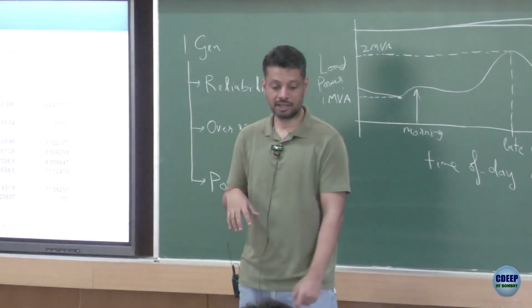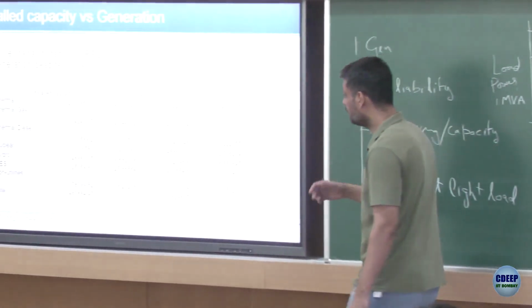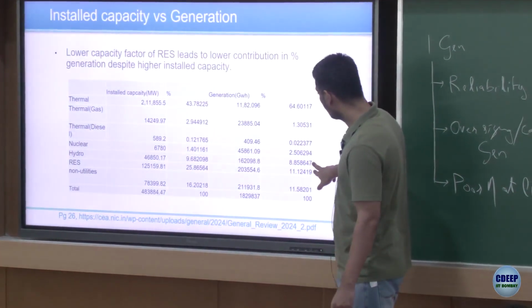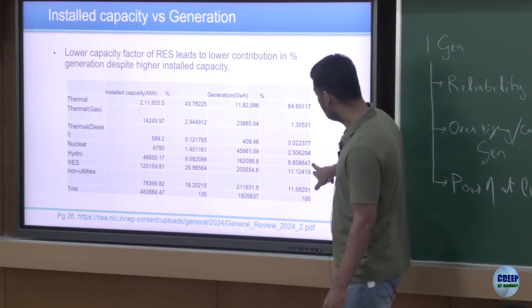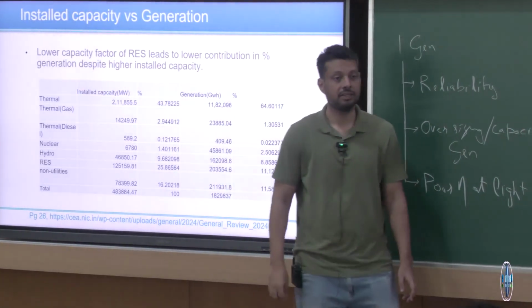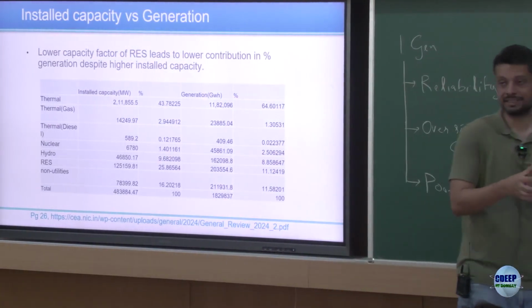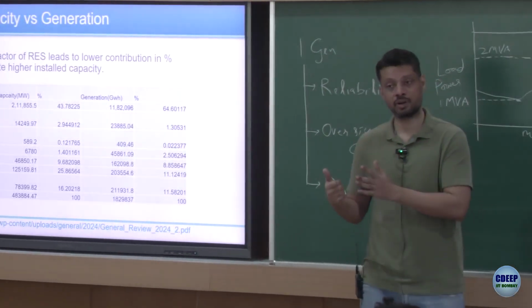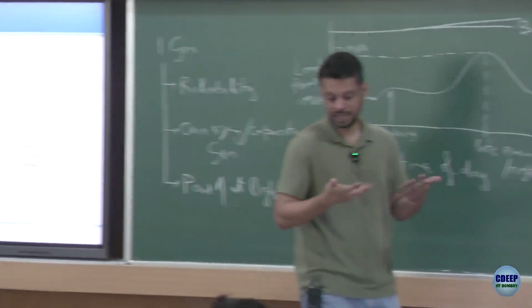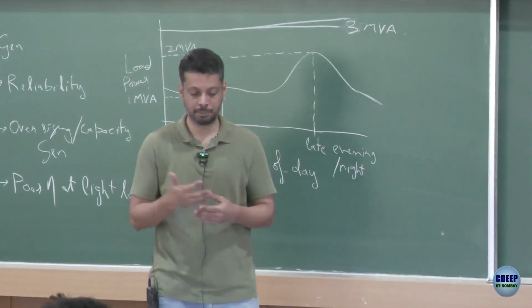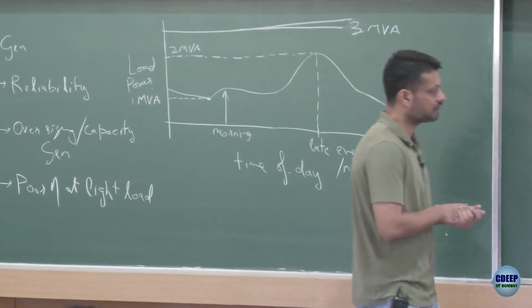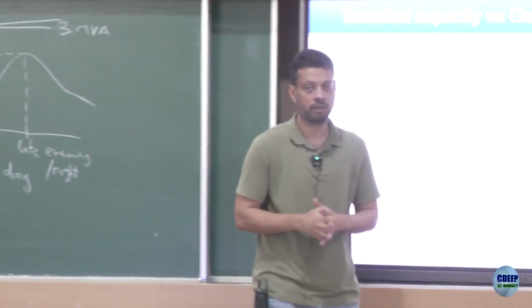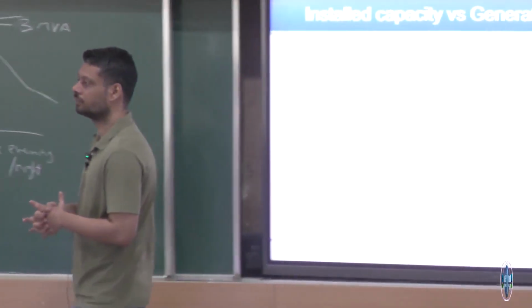Renewable, if you combine hydro and renewable, produces about 20% of the energy that we consume. So even though the installed capacity percentage appears to be much better, in terms of energy production, it's still growing, it's still on a positive ramp rate, but as of now, the values are still lesser than what we do through coal.